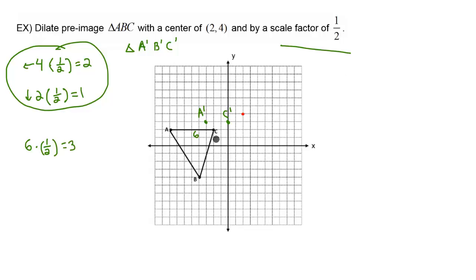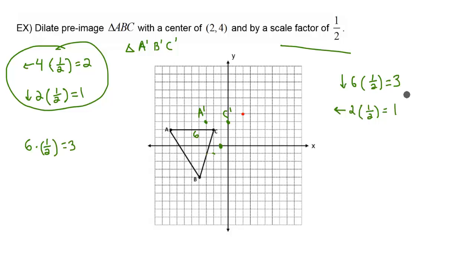So from C to B, it looks like we go down 1, 2, 3, 4, 5, 6. So we're going down 6, and we multiply that by 1/2 to give us 3. And then we move to our left twice, but we only want to do half of that. So 2 times 1/2 is just 1. Now I'm going to go from C prime, and we're going to move down 3 times, and then to the left once.